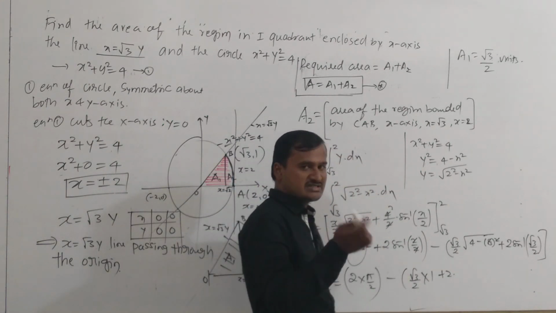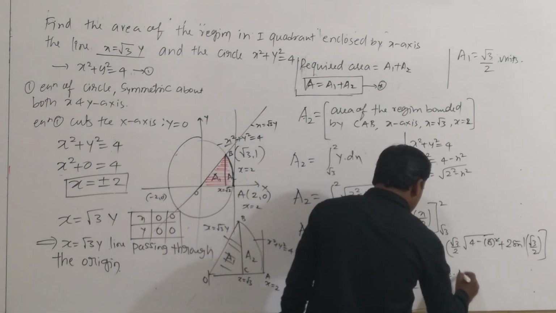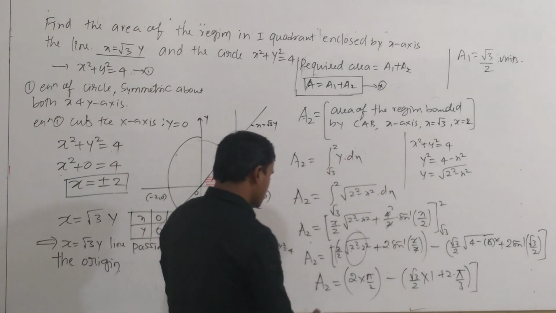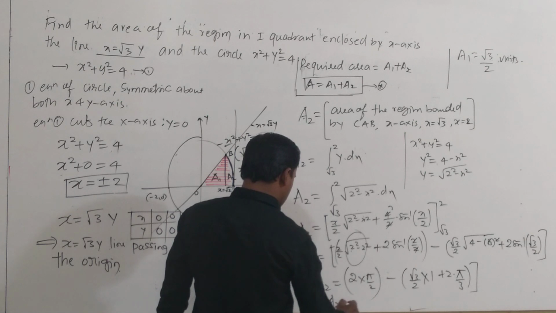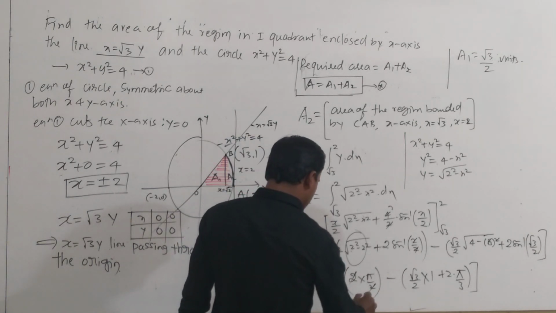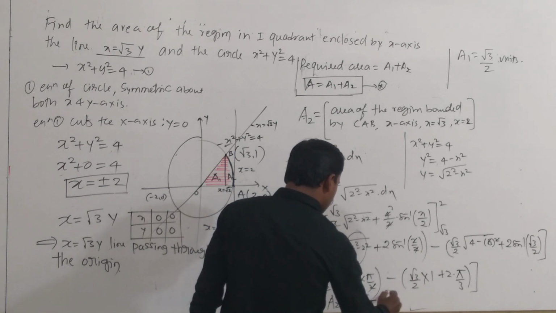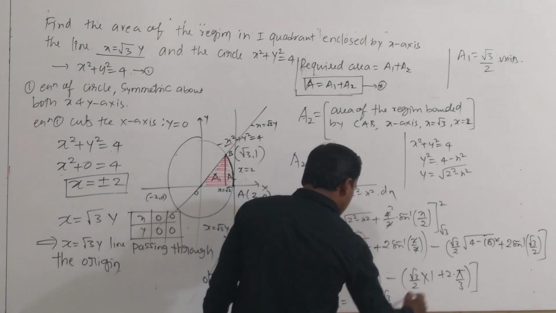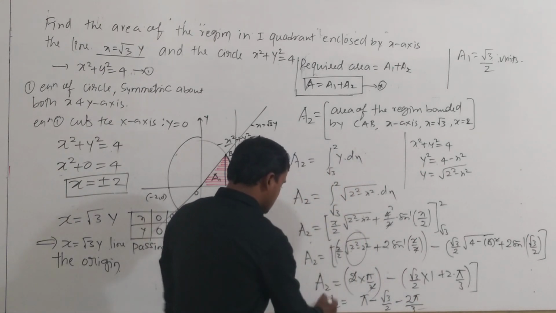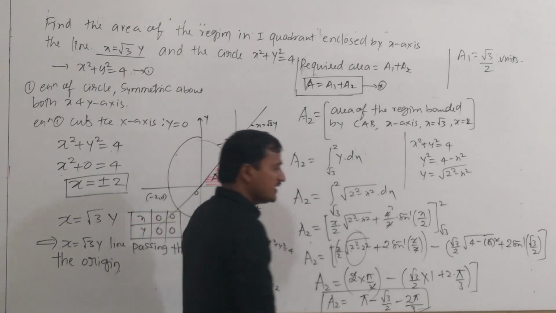Root 3 by 2 means 60, and 60 degrees is nothing but pi by 3. Is it right? Now simplify this one. So a2 is equal to, here 2 and 2 will get cancelled, pi minus root 3 by 2 minus 2 pi by 3. So this gives the value of a2.